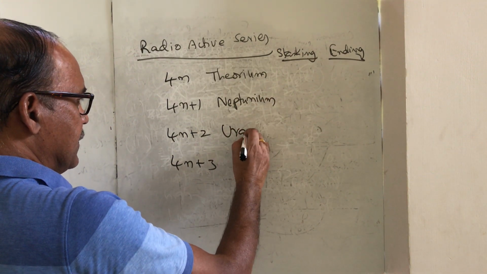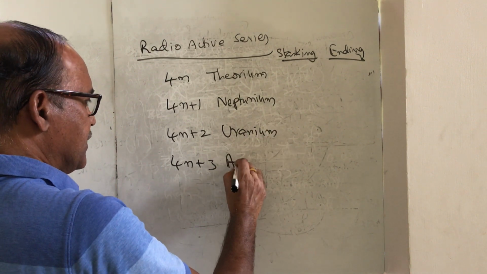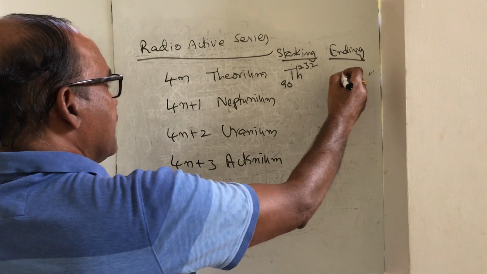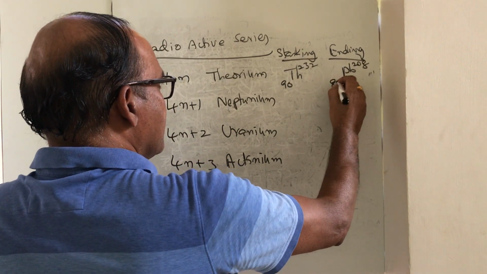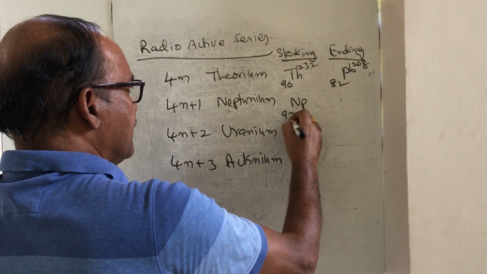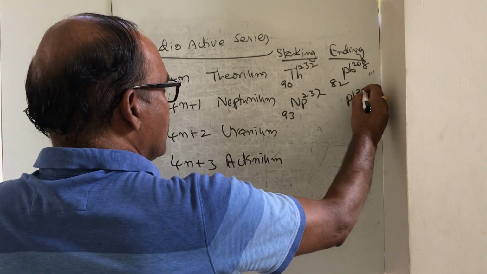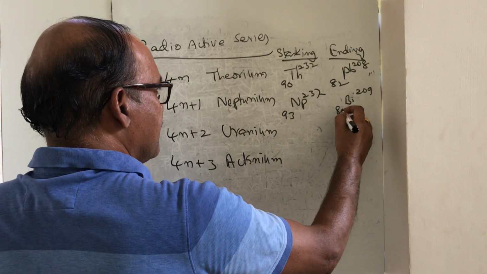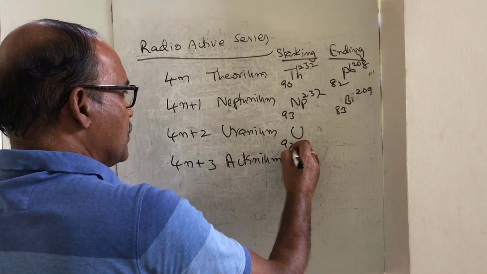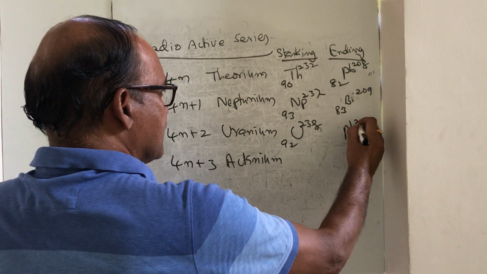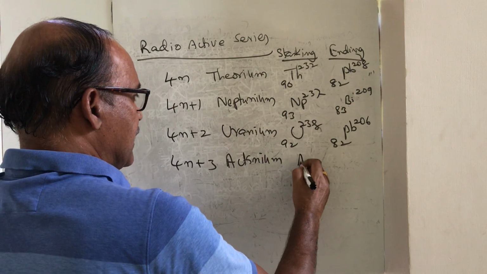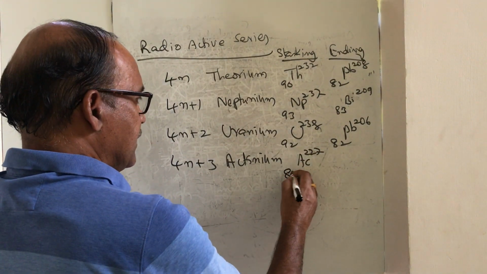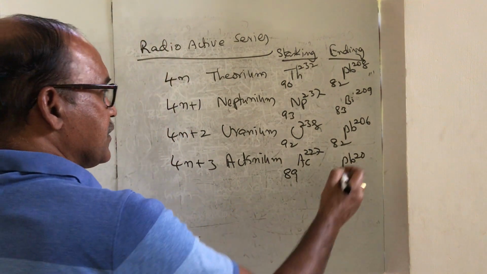This is the uranium series: uranium-238 (92), and lead-206 (82). This is the actinium series: actinium-227 (89), lead-207 (82).